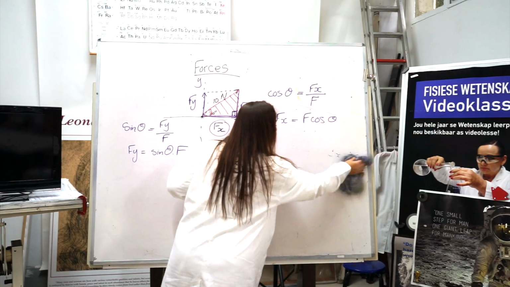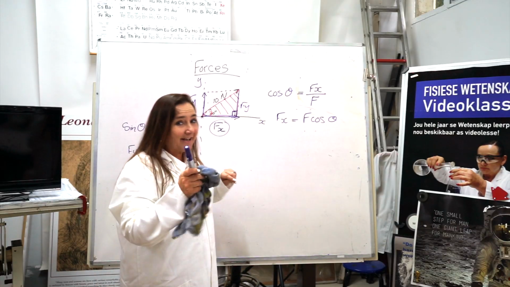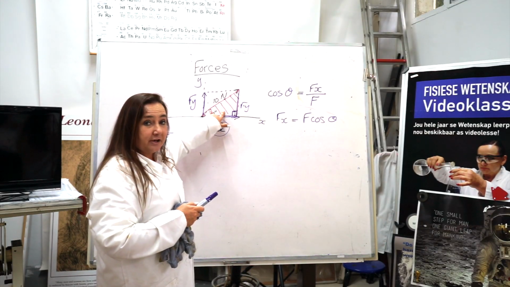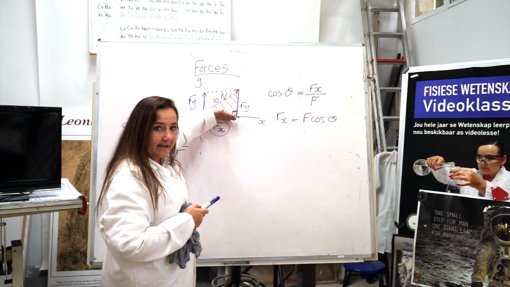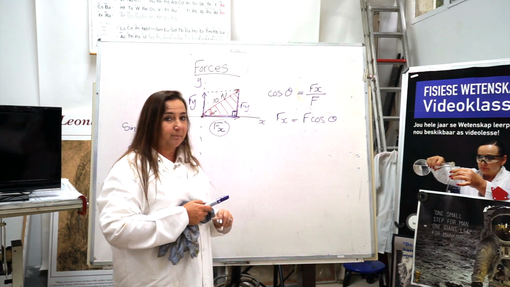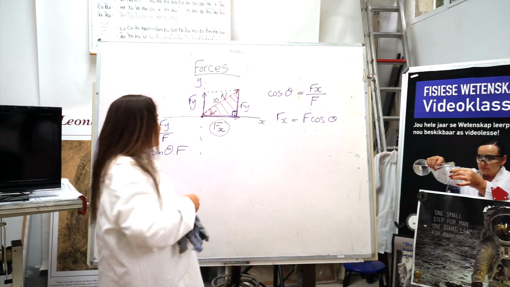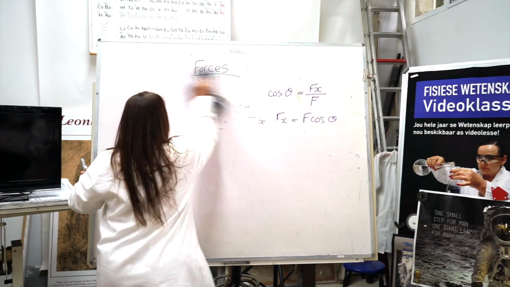So I want you to keep that in mind, but just a warning, you do have to work with the triangle that is sitting on the x-plane and not the one adjacent to the y-plane. Right, now let's see how we are going to use this.